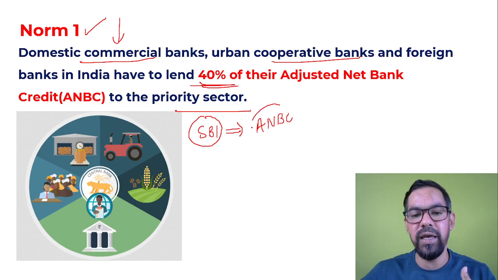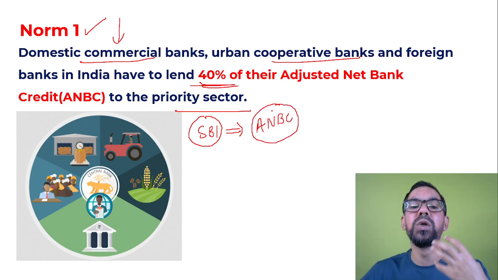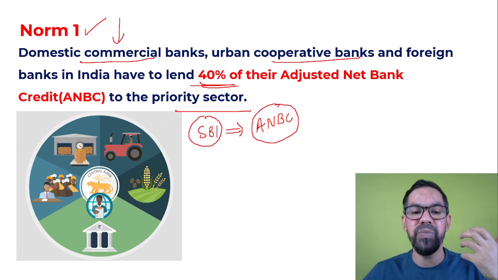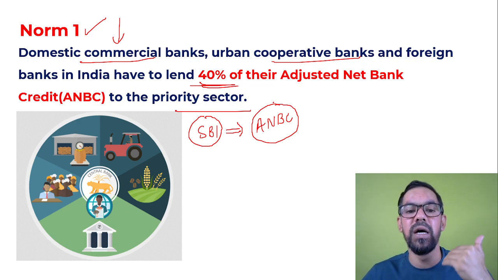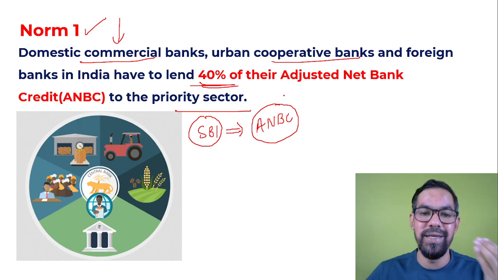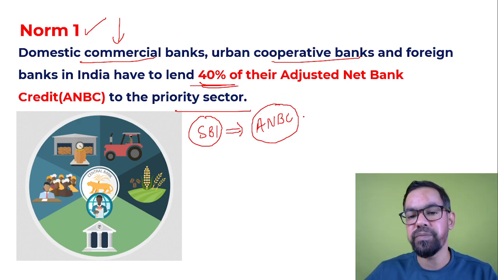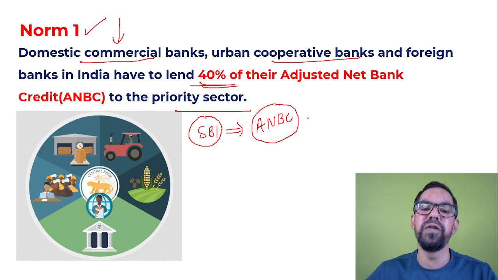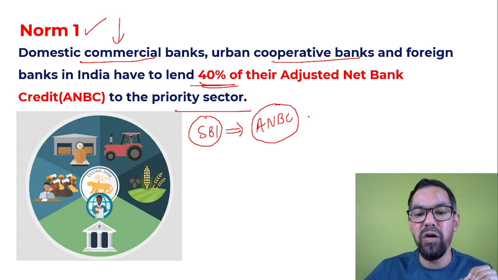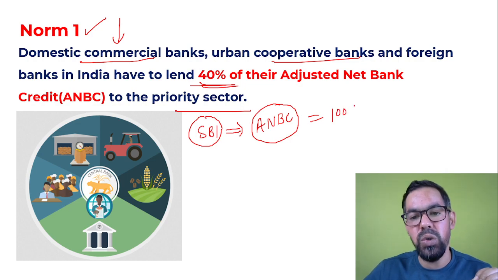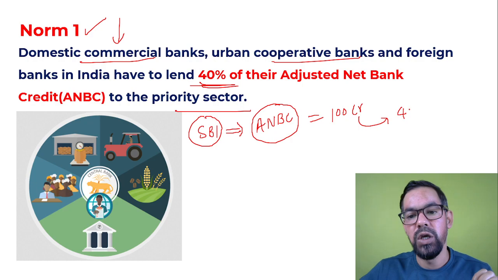How will you understand ANBC in simple words? It is the overall lending amount which remains with the bank after the reserve ratios like CRR, SLR and other obligations. So let's say the ANBC of State Bank of India is 100 crore rupees. Out of this 100 crore rupees, they have to lend 40%, which is equal to 40 crore rupees, to the priority sector.